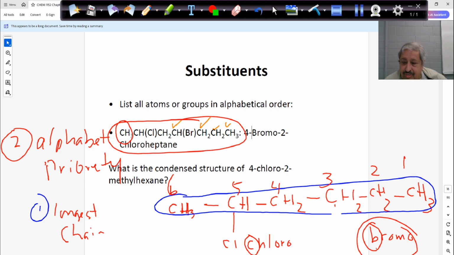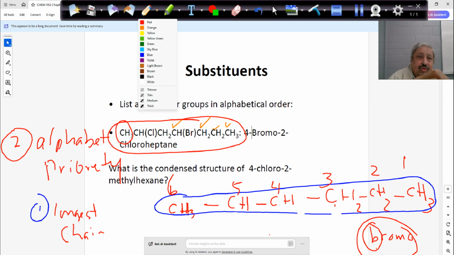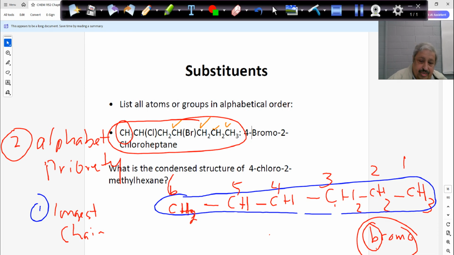I apologize. So then we'll have to add this: CH2, CH2, and CH3. So now we have 7, correct? Heptane. 7 is hep.